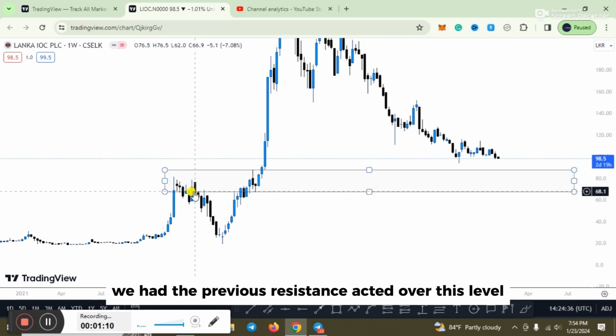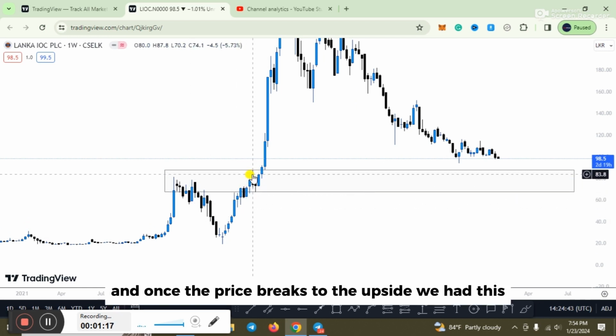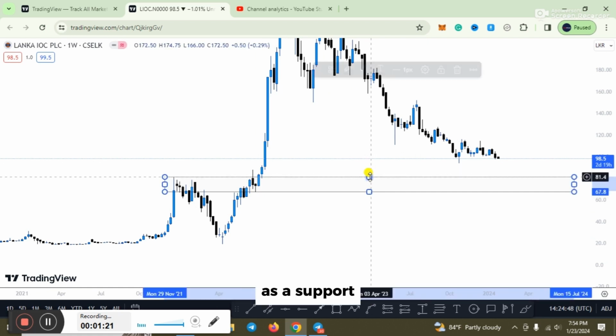The previous resistance acted over this level, so this is a sell zone, and once the price broke to the upside, we had this resistance level as a support.